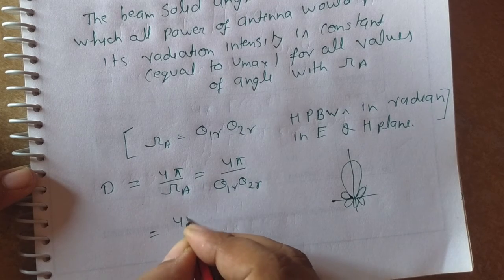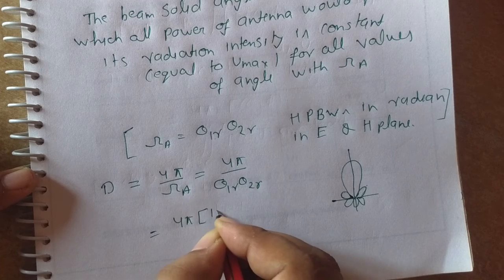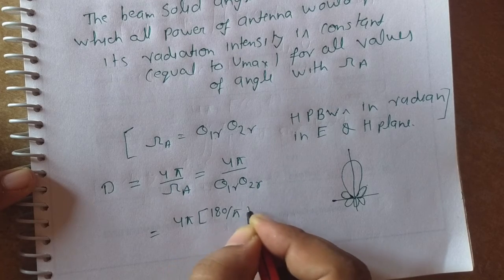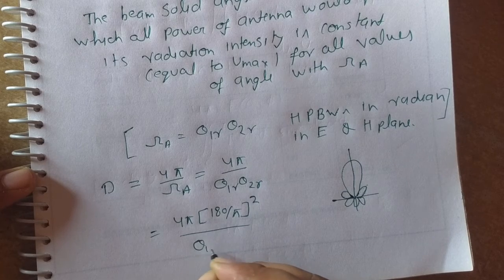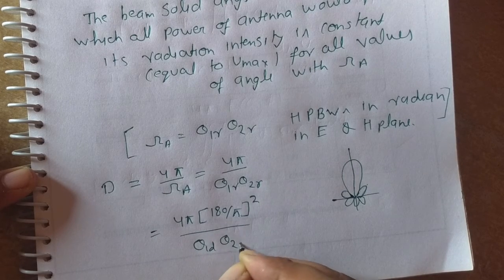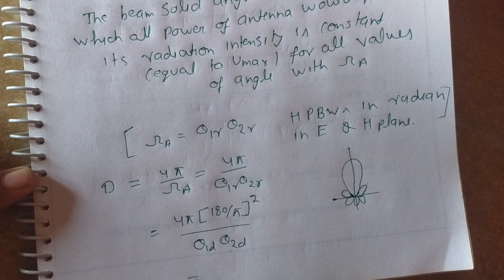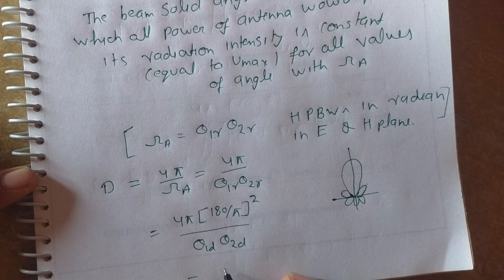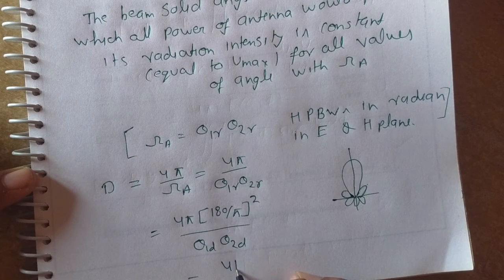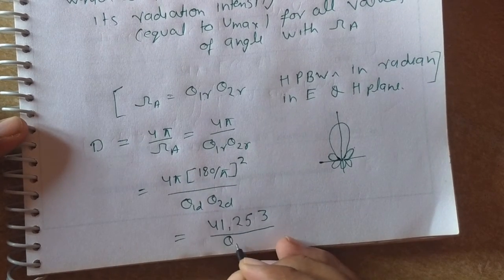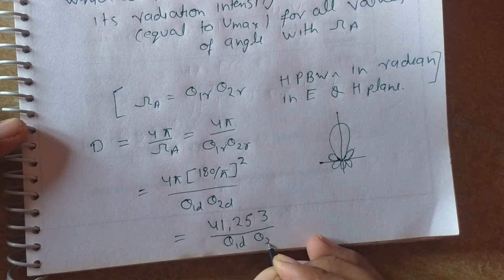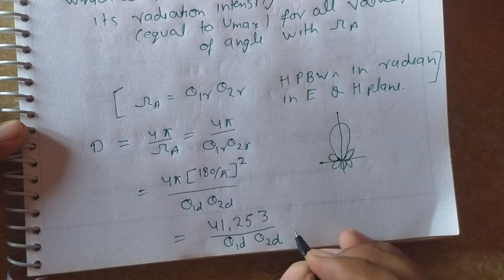So you can write here 4 pi times (180 divided by pi) squared, divided by theta 1d theta 2d. Or when you solve this quantity, you will get here 41253 divided by theta 1d theta 2d.